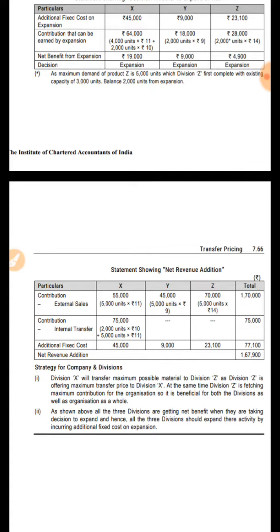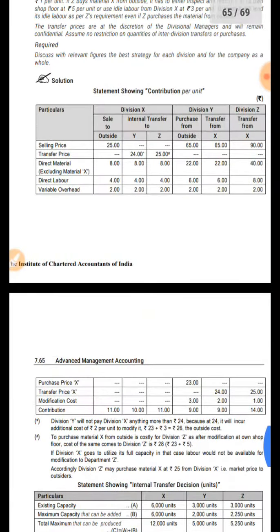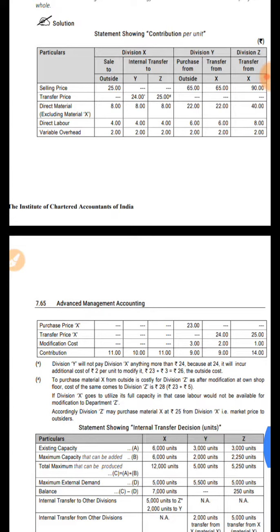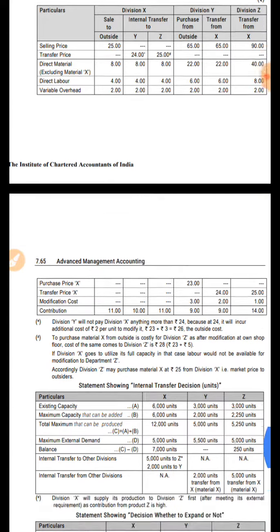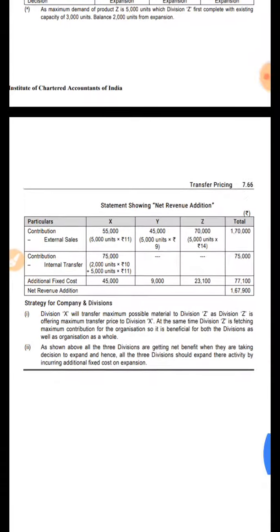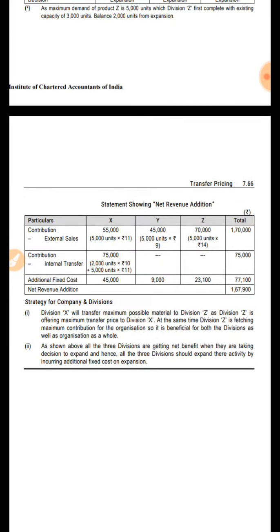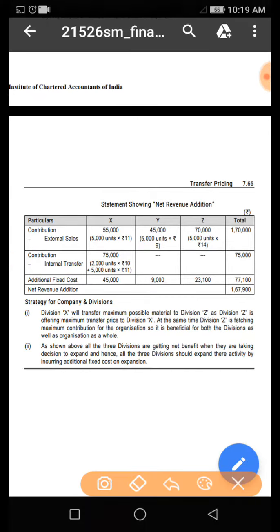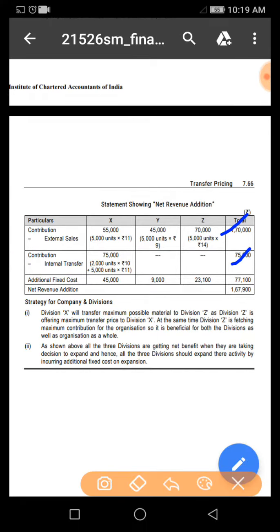Then for Z, 5,000 units, it is also selling externally. So 5,000 into 14 rupees. Okay, 5,000 into 14 rupees. External market. So that's what is the total contribution. It's 1,70,000, 1,75,000 total contribution.